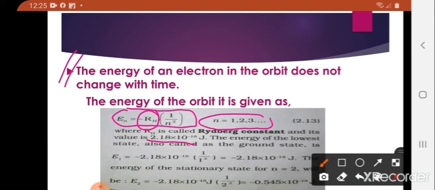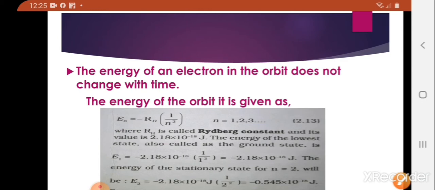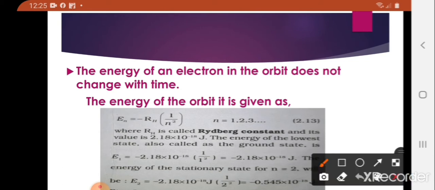So we can find the energy for the first orbit, that is E1 is equal to minus 2.18 into 10 raised to minus 18 into 1 by 1 square, that is equal to minus 2.18 into 10 raised to minus 18 joules. Likewise, we can find the energy for the stationary state n is equal to 2 by substituting in this equation.